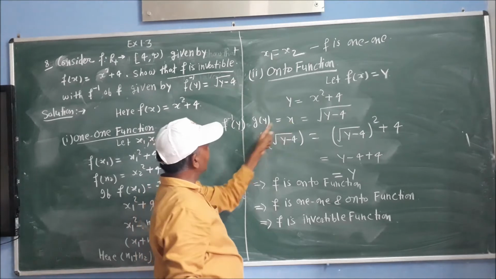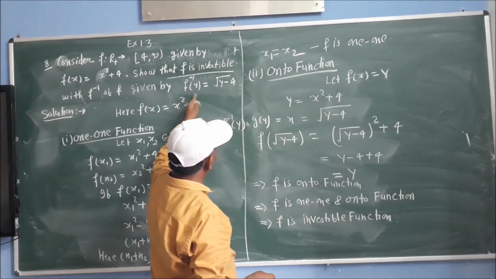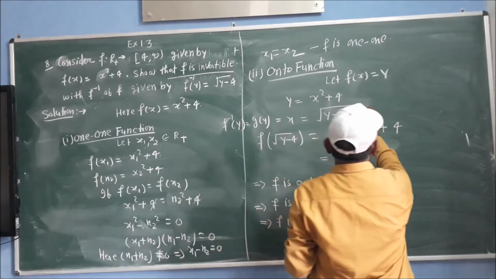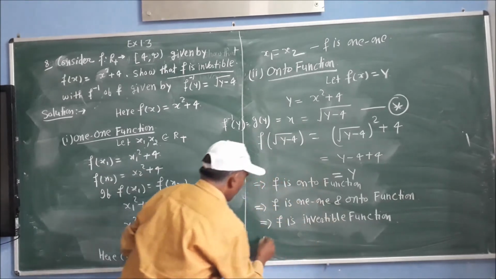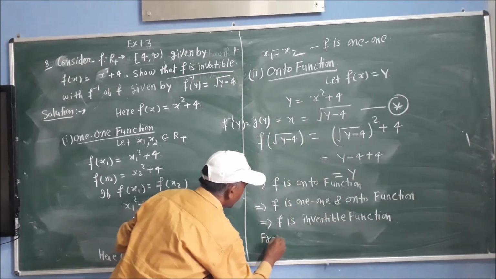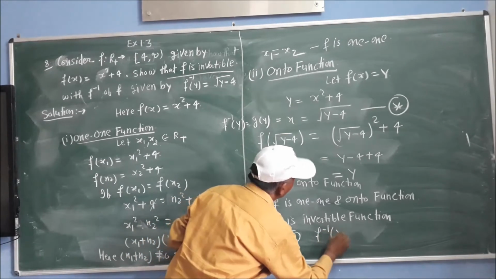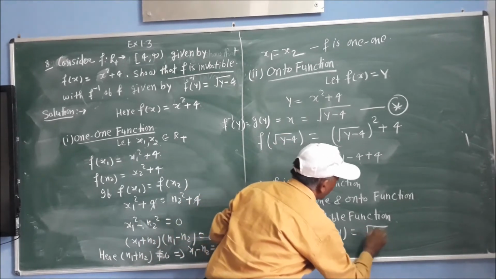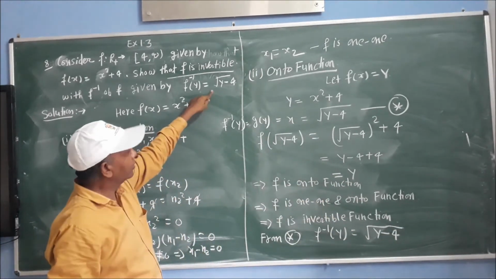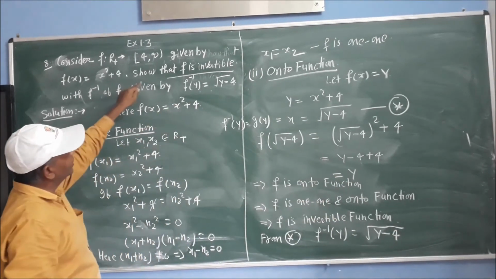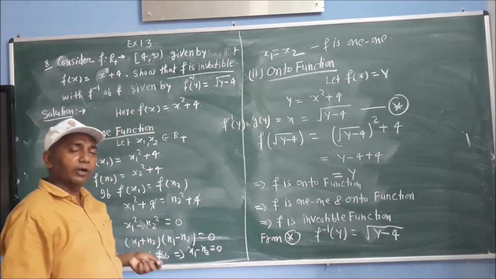From here we can say that f inverse y is equal to under root y minus 4. So we have calculated the inverse of the function and also shown that f is an invertible function.